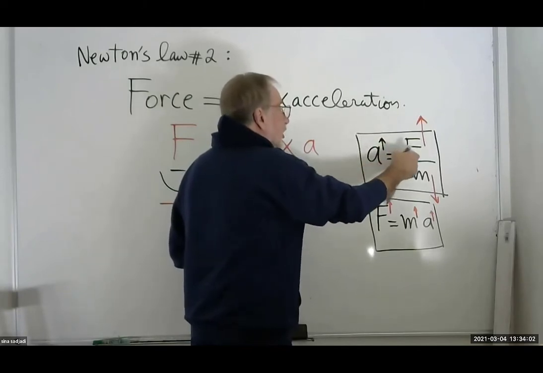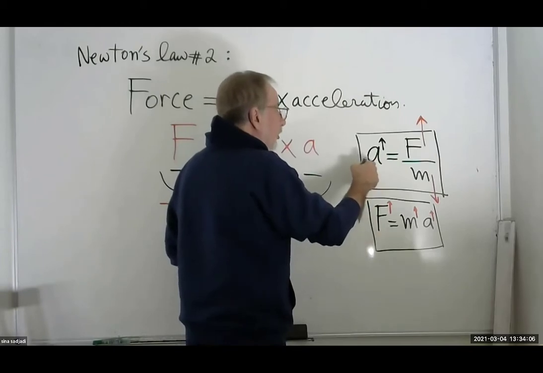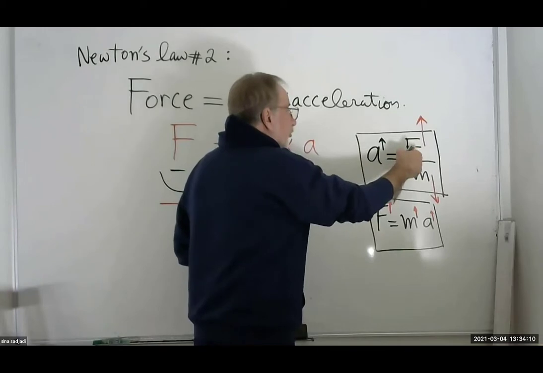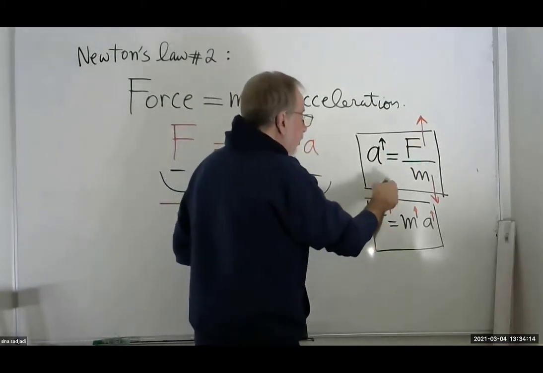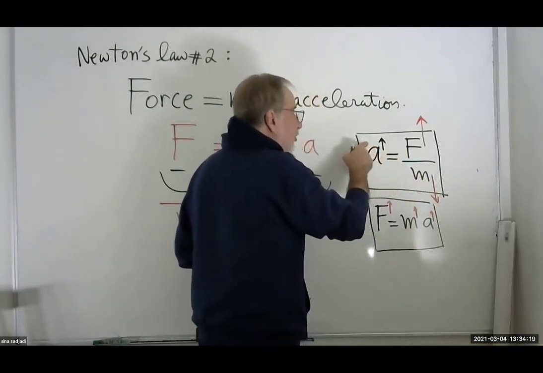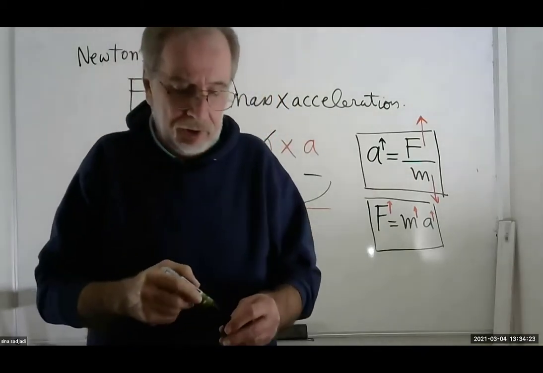If the force goes up, acceleration goes up. So between acceleration and force, there's a direct relationship. More force, more acceleration. You put your foot on the gas pedal. Here, the smaller m gets, the bigger acceleration gets. So this is an indirect relationship. This is an inverse relationship.